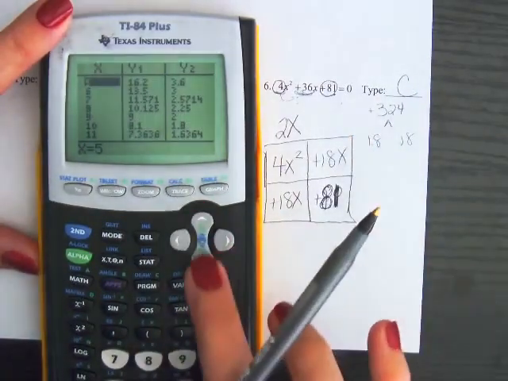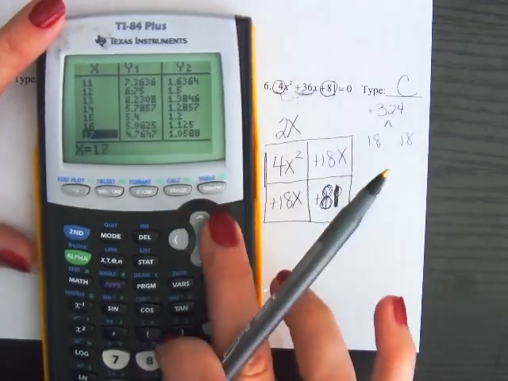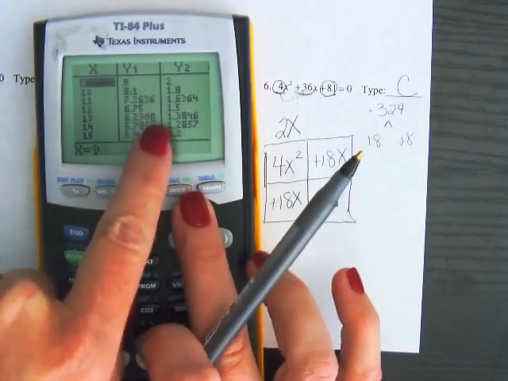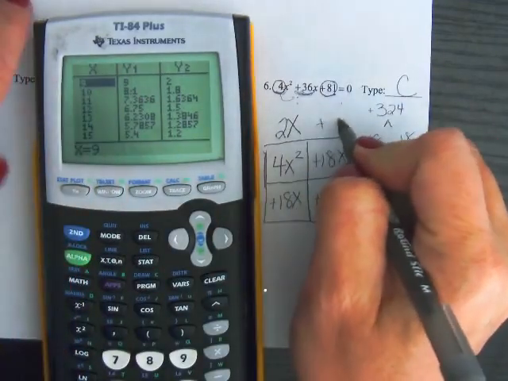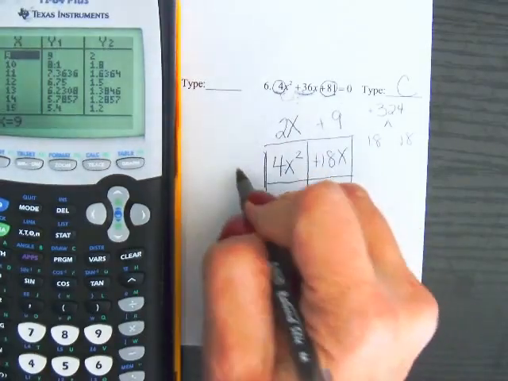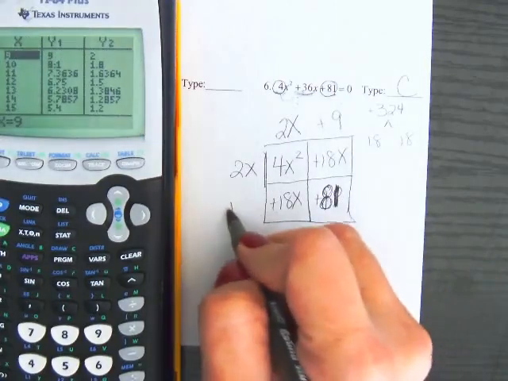Always start with the smaller number, which is 18. And look for your list of two integers. There it is, 9 and 2. So 9 is my GCF here. Okay, on this side, I have the same thing that I had down here, so that's a 2x. And over here, I have the same thing I had over here, so that's a 9.